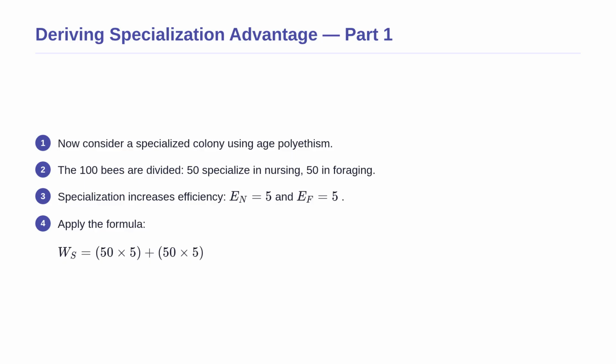Because they specialize and do not switch tasks, their individual efficiency jumps significantly to 5 units each. We set up our equation by multiplying the 50 nurses by their efficiency of 5 and adding that to the 50 foragers multiplied by their efficiency of 5. This setup captures the mathematical essence of division of labor.